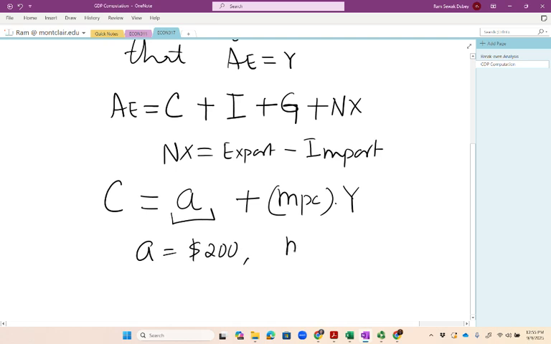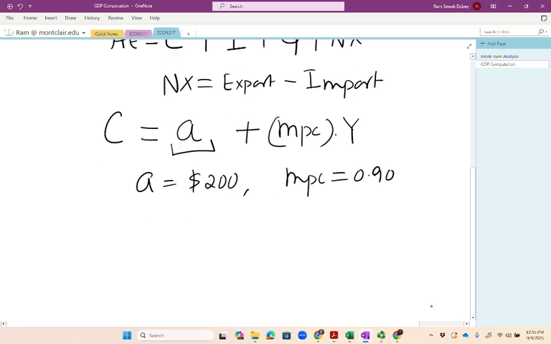Let's say the marginal propensity to consume is 0.90, which means the marginal dollar income generates a consumption of 90 cents. So given this, my household consumption turns out to be 200 plus 0.9 times Y.